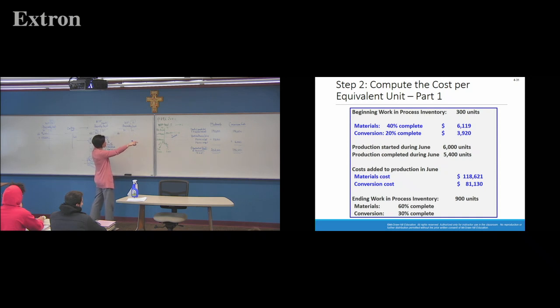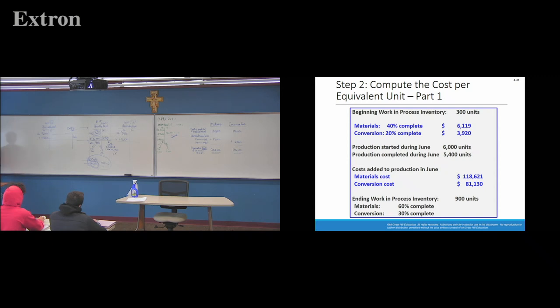Conversion cost, 20% complete, $3,920, right? So these 300 units also cost me that. And then conversion costs that were added, again, these 6,000 units, this was just materials. We also added another $81,130 here. All right. Make sense?